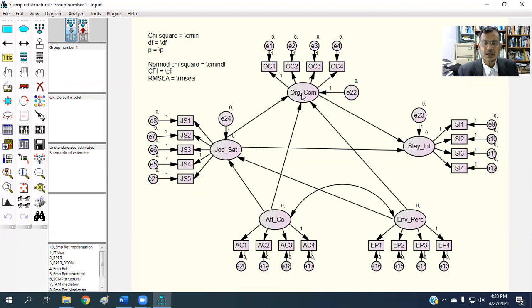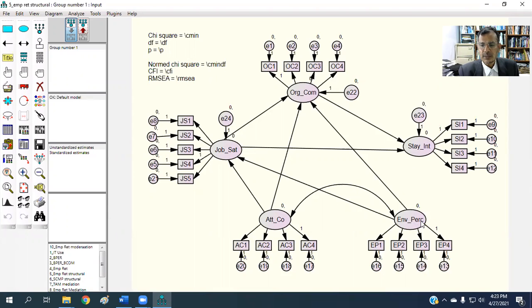That means organization commitment can be a mediator, we can test. Similarly, attitude towards coworker to job satisfaction relation is there, job satisfaction to staying intention is there. So we can also test whether job satisfaction is a mediator between attitude of the co-workers and staying intention.